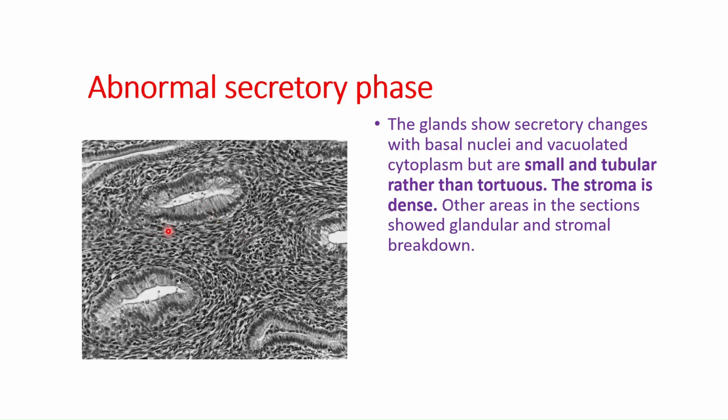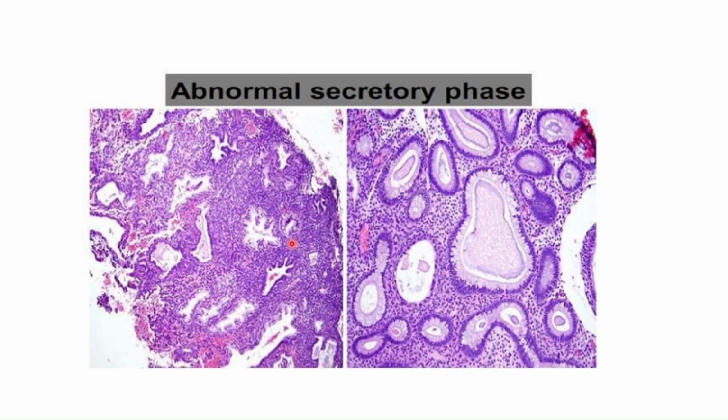Here also the glands show secretory changes with basal nuclei and vacuolated cytoplasm. These are small and tubular glands rather than tortuous, and stroma is dense. So this is again an example of abnormal secretory phase.